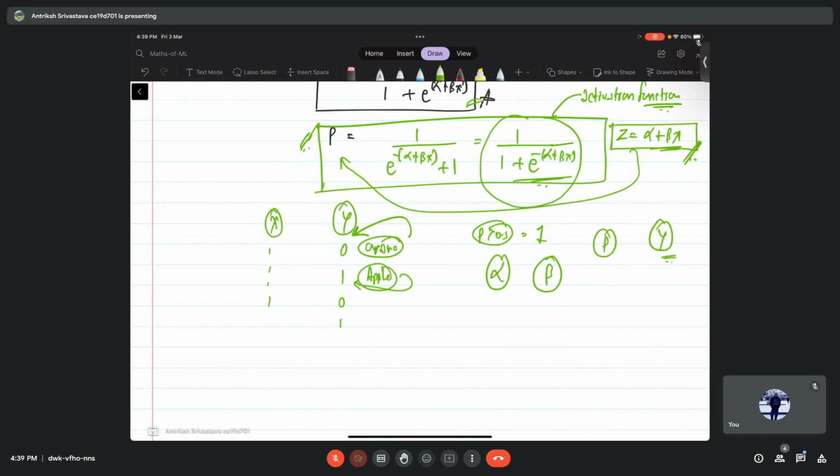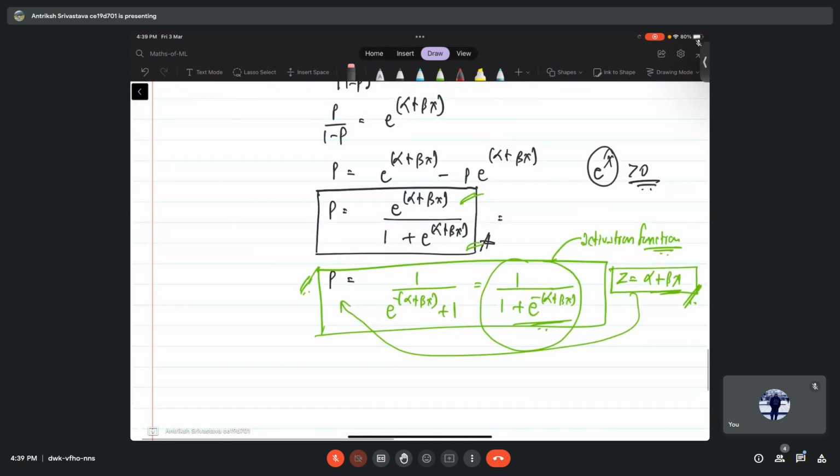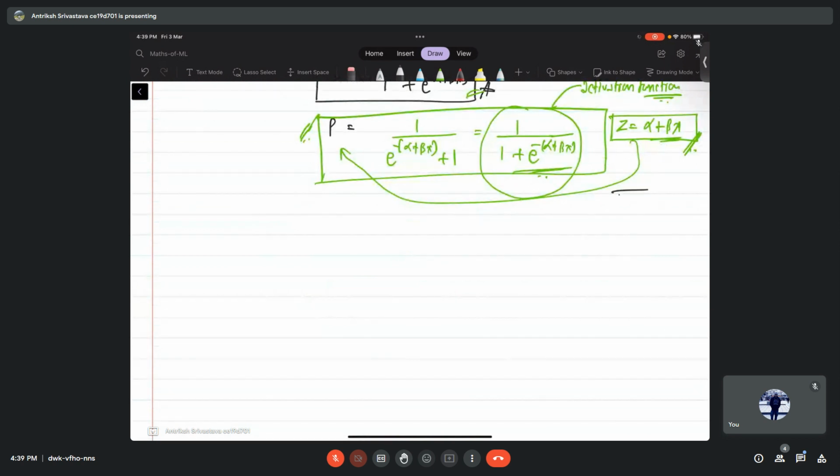I think we'll learn in the coming weeks how we do this and which function we have to minimize. We'll leave those things for the future. Just remember that this is how we prove that p is going to be between 0 and 1.